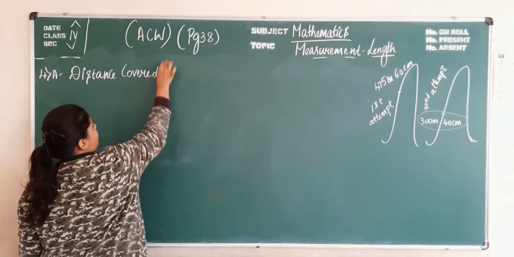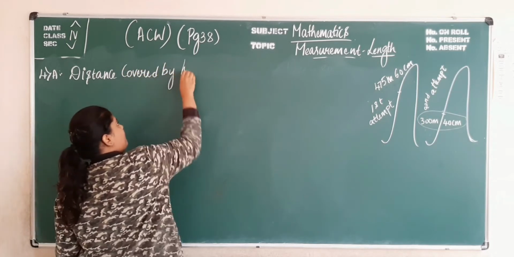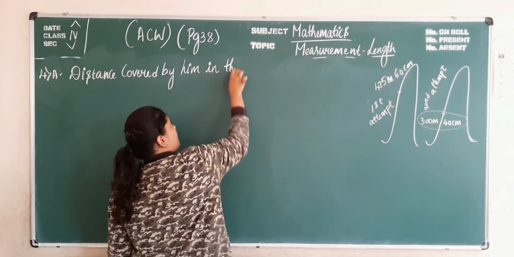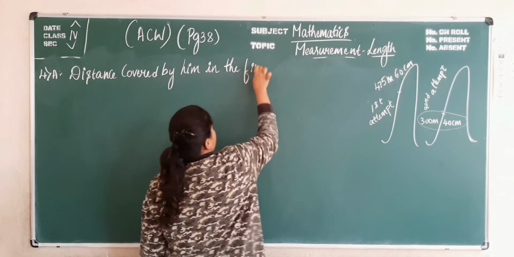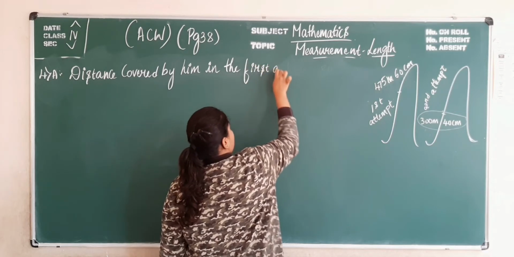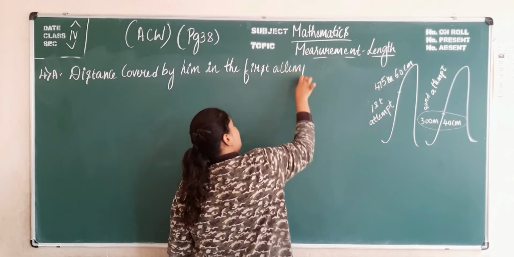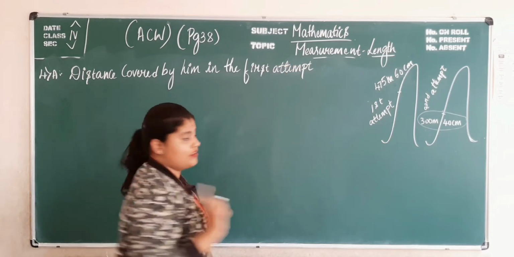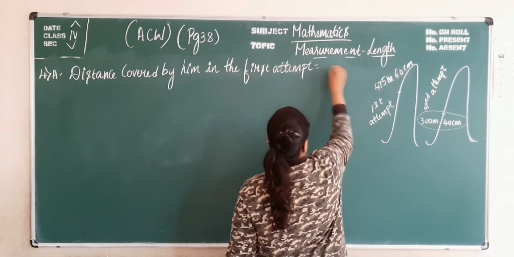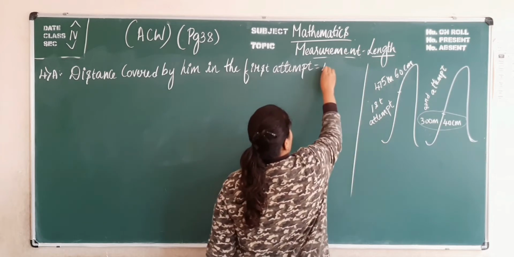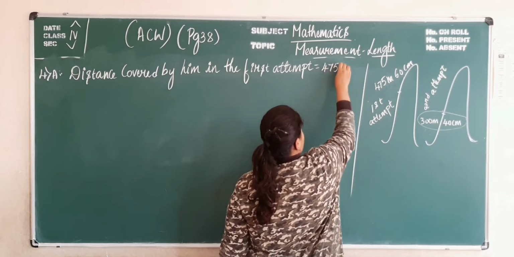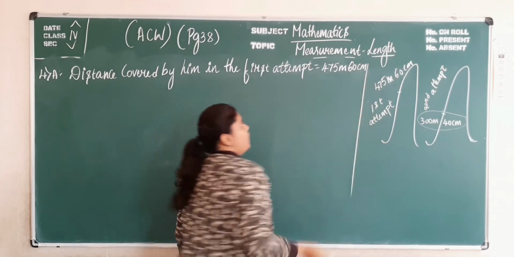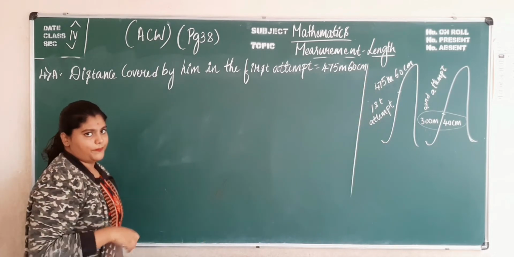What is attempt? Attempt means try. Okay? In the first attempt, it is 475 meters 60 centimeters.